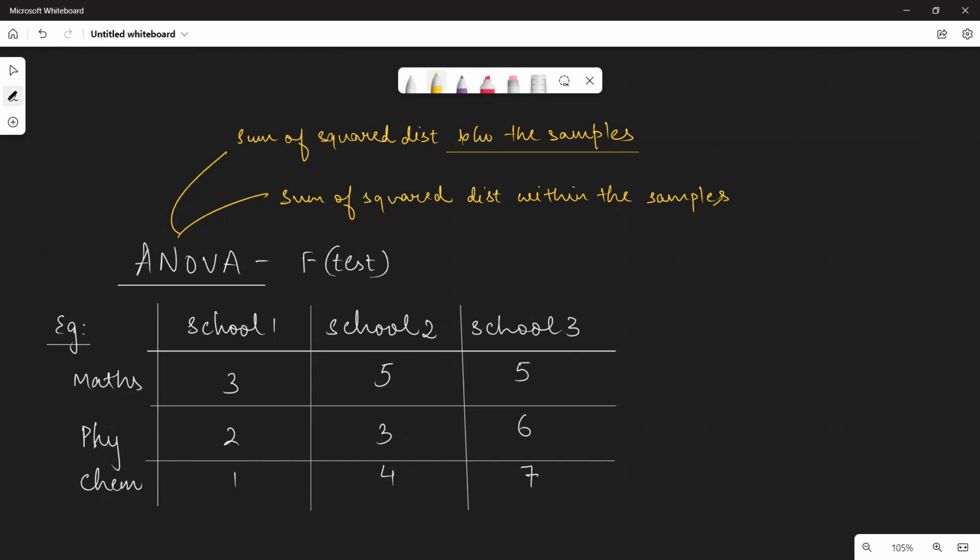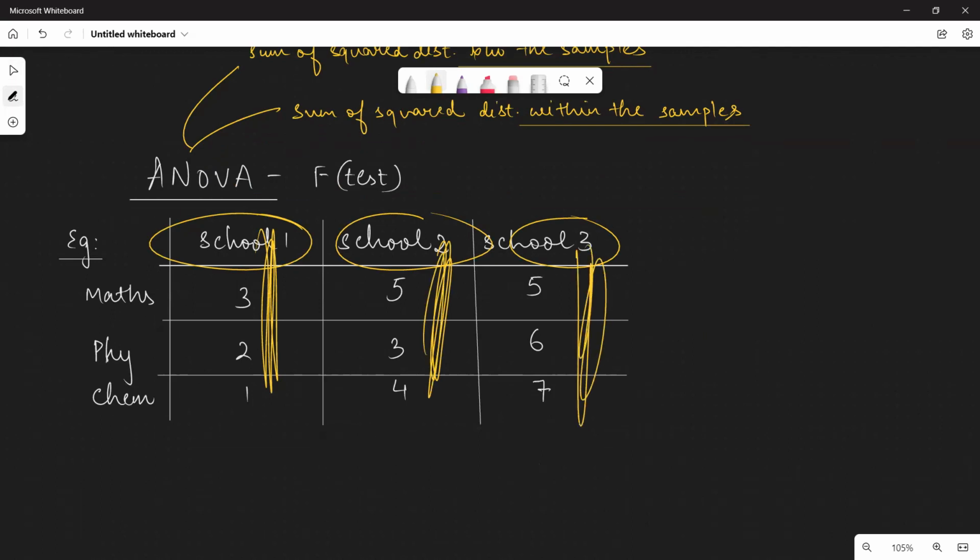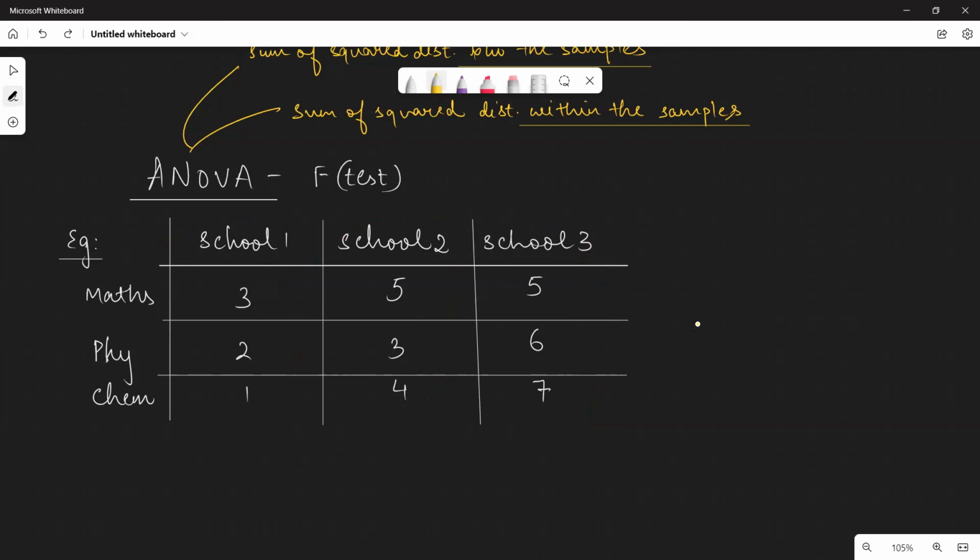For example, if you have these 3 samples, within means within school 1: you calculate the sum of square distances within school 1, similarly within school 2, within school 3. Inside sample 1, inside sample 2, inside sample 3.